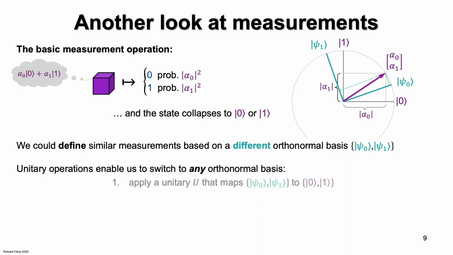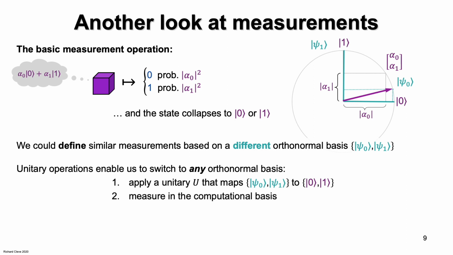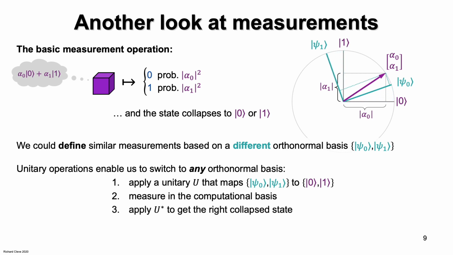First, we apply a unitary operation that maps the alternative basis to the computational basis. Next, we do a basic measurement. Finally, we apply the inverse unitary to appropriately adjust the collapsed state. So that's a nice way of seeing the role of unitary operations. They change the coordinate system, thereby releasing us from being tied to measuring in the computational basis.